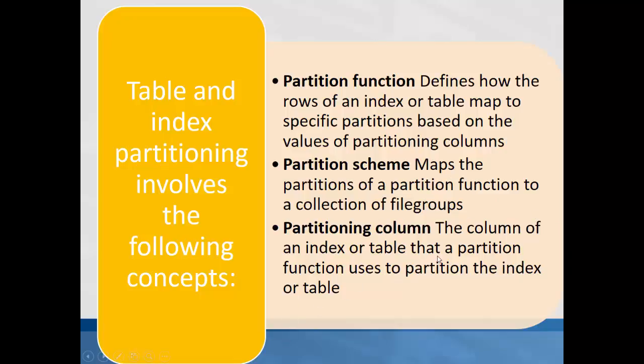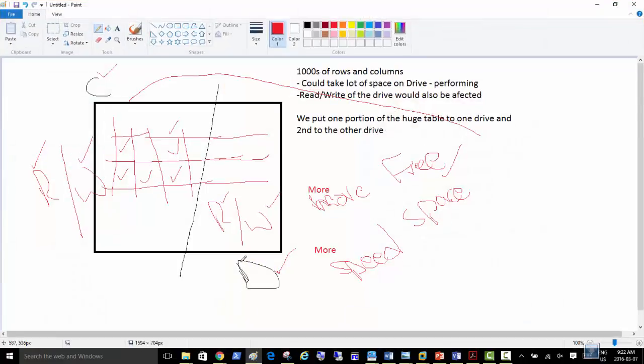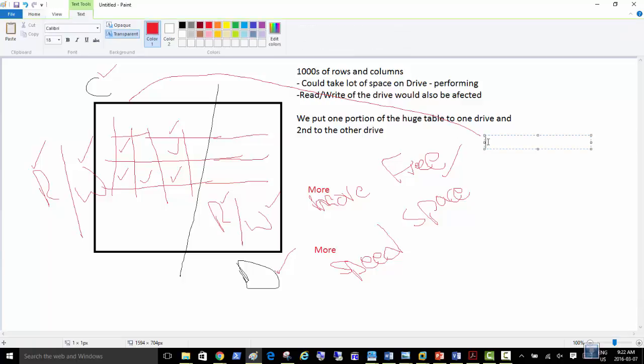Now it's going to get a little complicated here. So here on the drawing, there will be a partition function. So how many rows are we? If there are 1,000 rows, then 500 rows are assigned to one partition and 500 to the other partition.